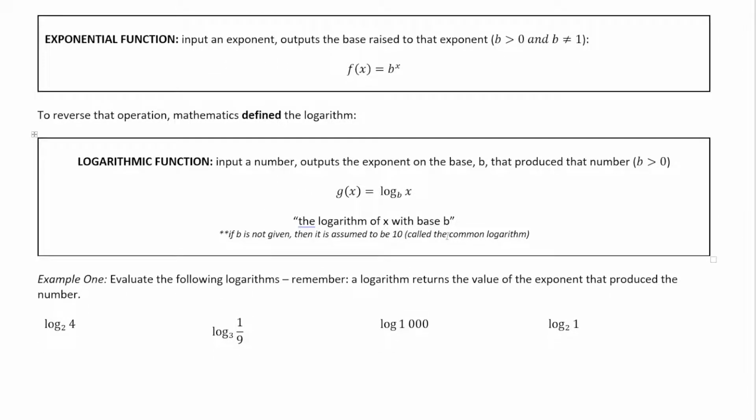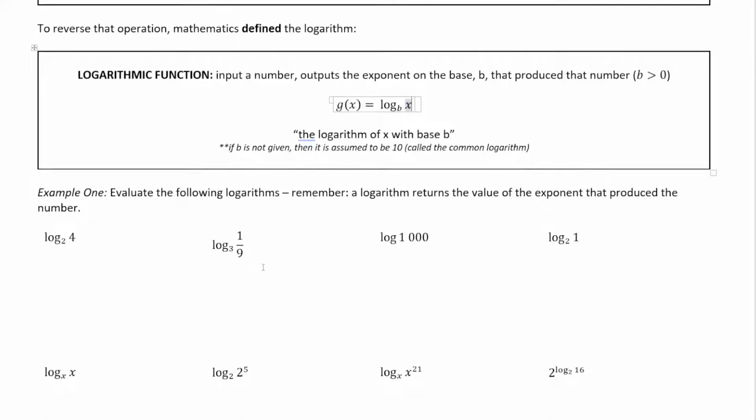You'll probably understand this a little better if we do a few examples. So let's try some examples. Evaluate the following logarithms. Remember, the logarithm returns the value of the exponent that produced the number x.